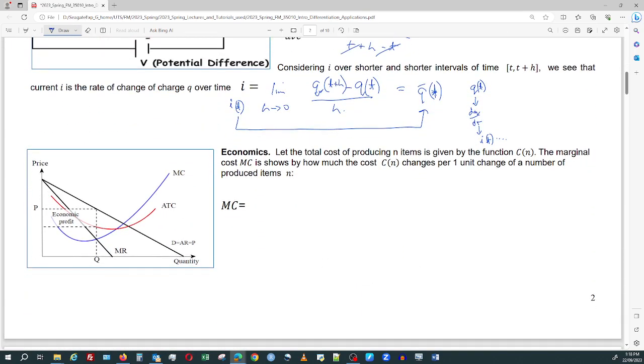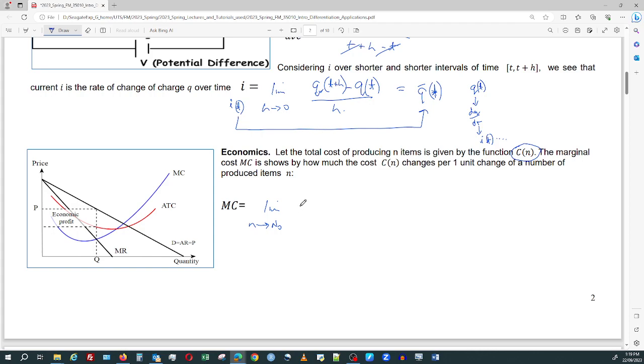Really? You do that with economics? I don't see why not. Okay, so the cost of producing items is given by C(n), number of items. So C, production cost. MC shows how much the cost changes in a 1 unit change of produced items. So if we take your insurance policy, as h approaches 0, this is a slightly different measure of this movement along the quantity. n's the quantity, obviously.